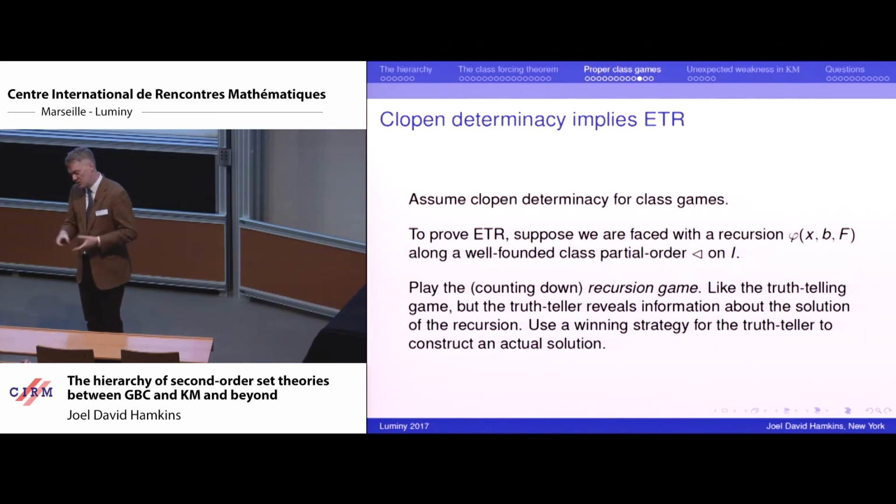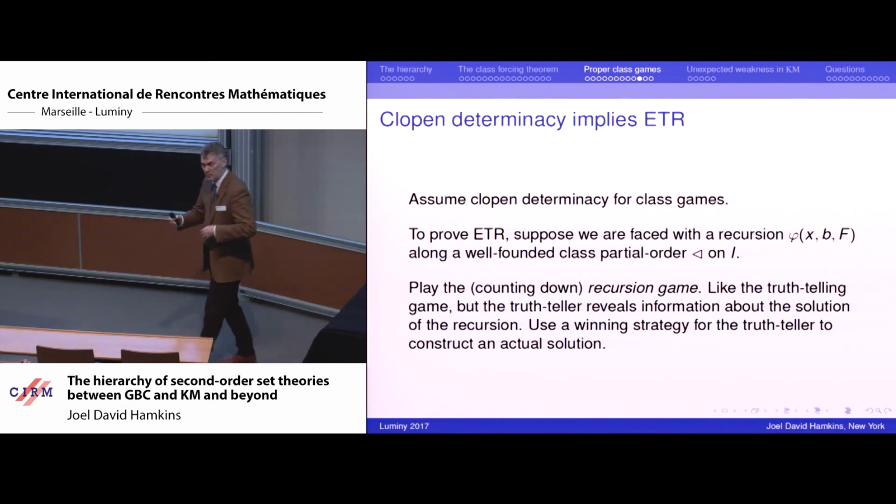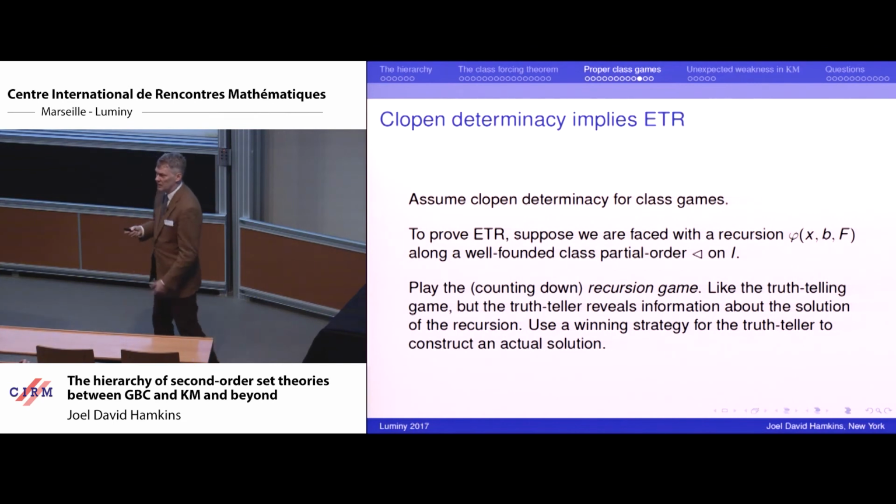So you set up the recursion, and the interrogator asks questions not just about what's true, but also what's true about the supposed solution. And as long as the truth teller can obey the Tarski recursion and the definition of the recursion, then she wins. And so if she has a winning strategy, then there will actually be a solution of the recursion.